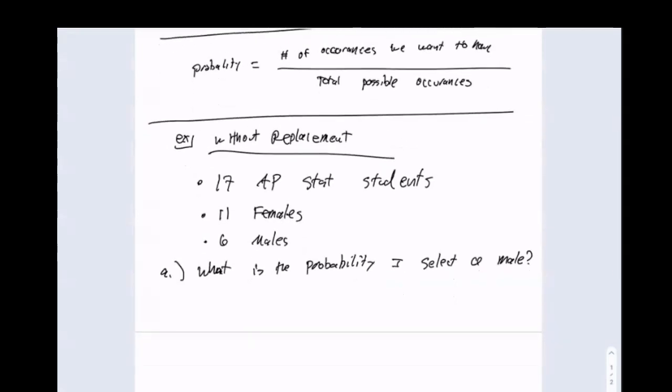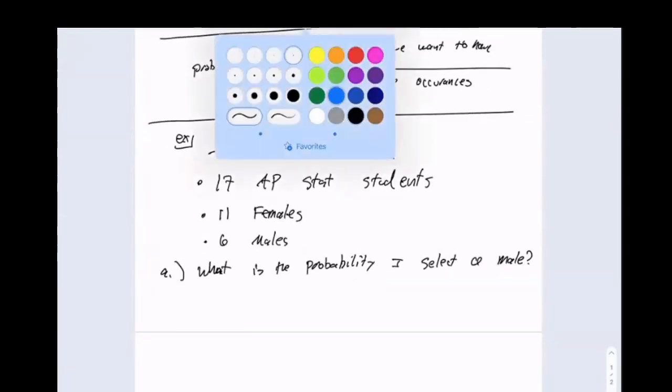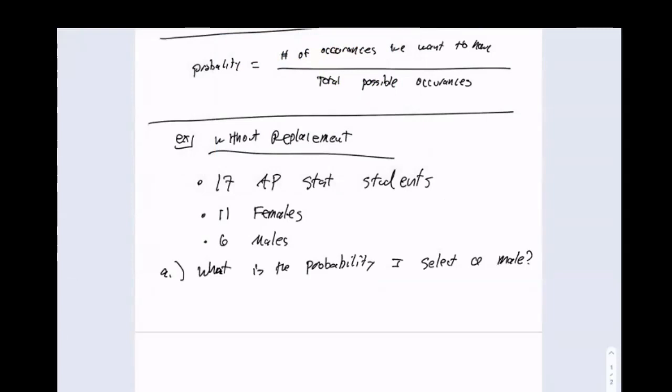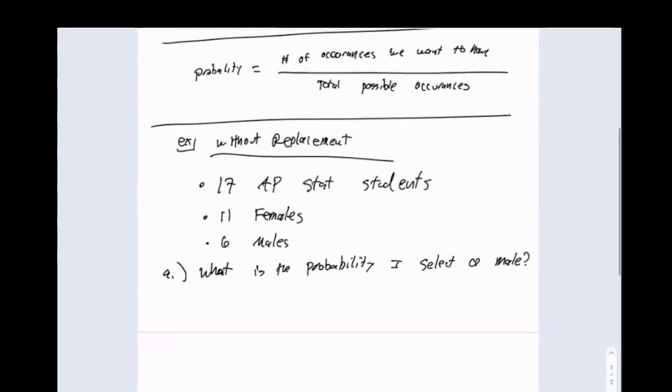We did this almost on the very first day that we did probability. I select one student. What's the chance that it's a male? And remember, first and foremost, I do not want specific answers with decimals.